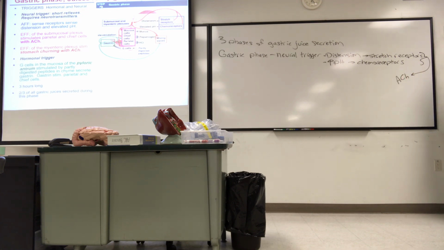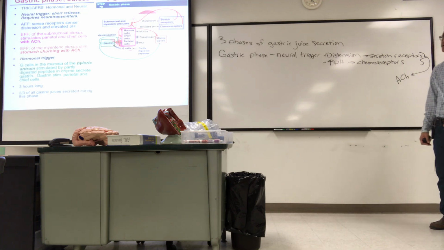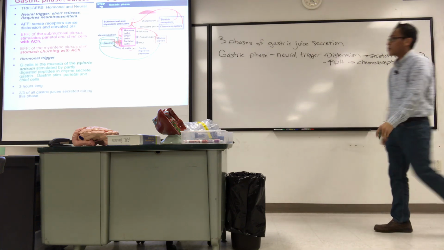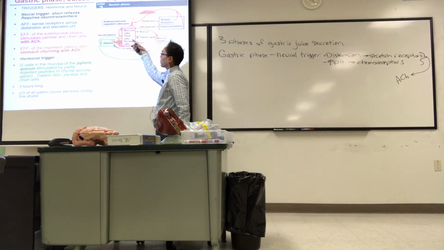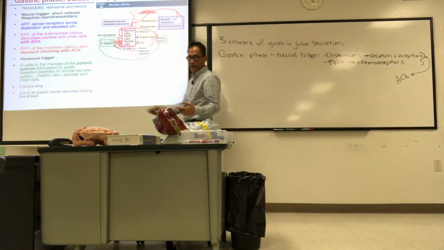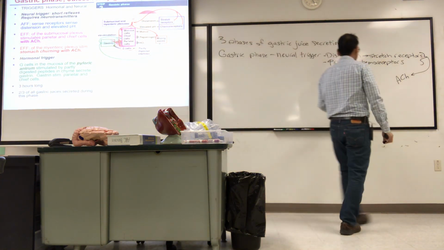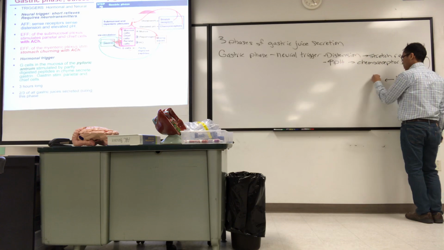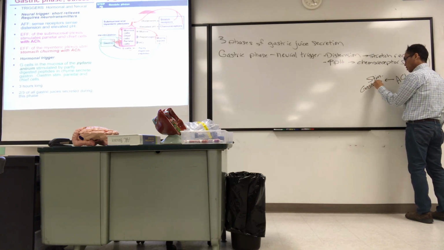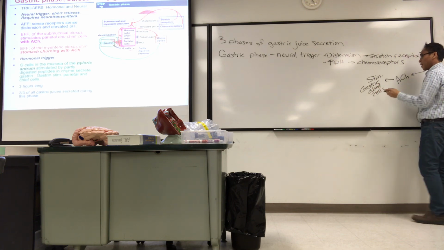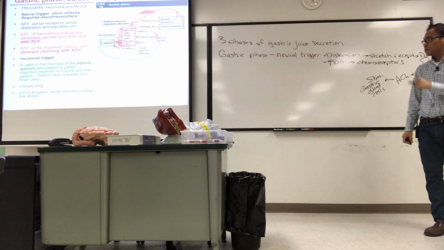There are cells in the gastric gland, the ones we just listed, that have ACH receptors. And so they show you that these here trigger gastric gland cells to secrete the gastric juice. I don't want to relist them, I'll just say gastric gland cells. So the ACH stimulates gastric gland cells. So that'll get you some of the juice.